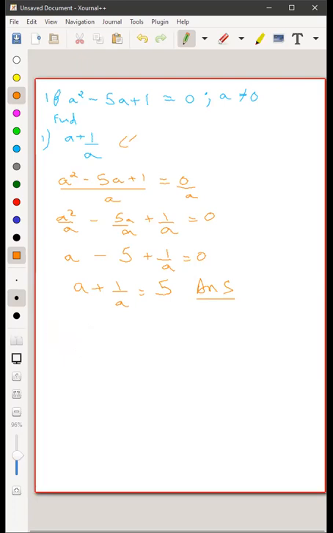Okay. Second part. Yes, sir. The second part of the question, find out a squared plus 1 upon a squared. Quickly.